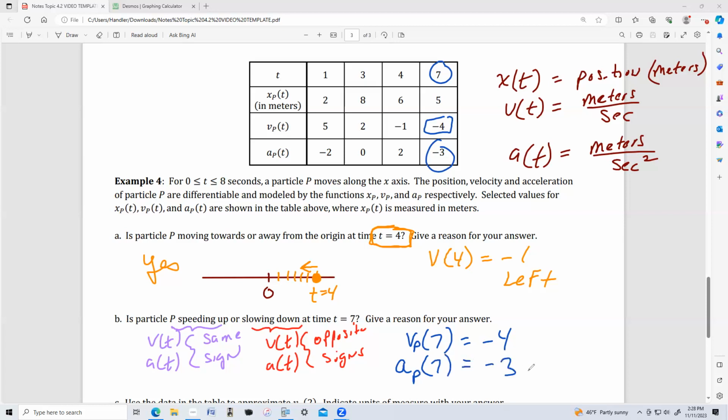And they have the same sign. The fact that they have the same sign means that the particle is, you got it, speeding up. And that would be your evidence right there, that v and a have the same sign. Speeding up, because the forces are sympathetic. They're not fighting each other. It's like if the wind was at your back, it would be helping you along.